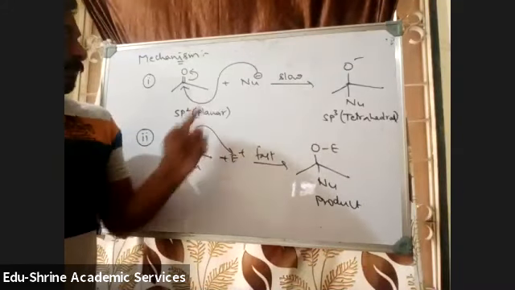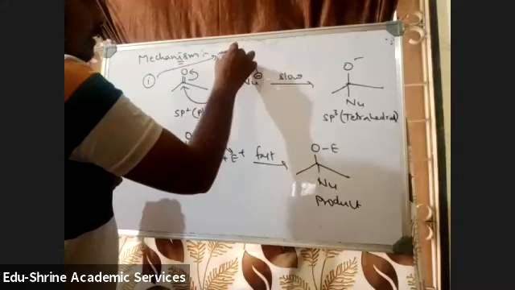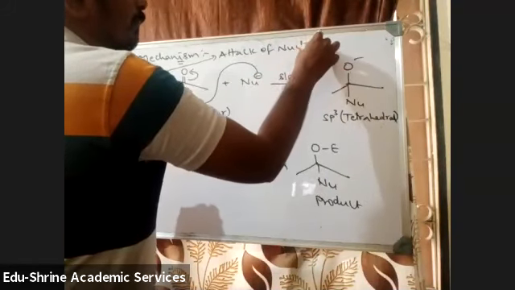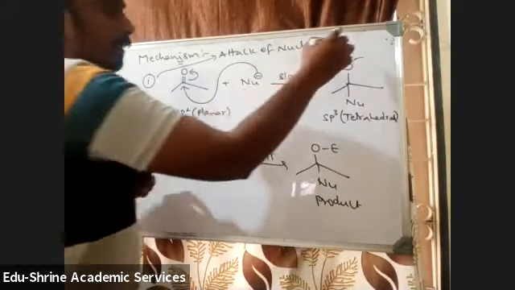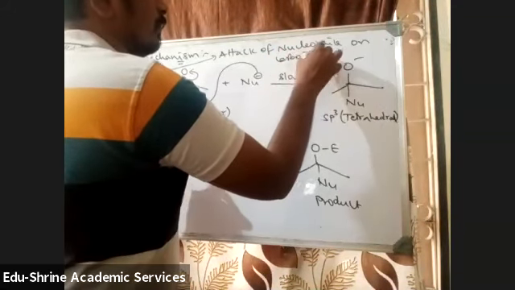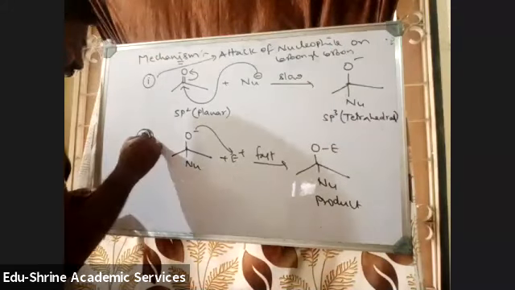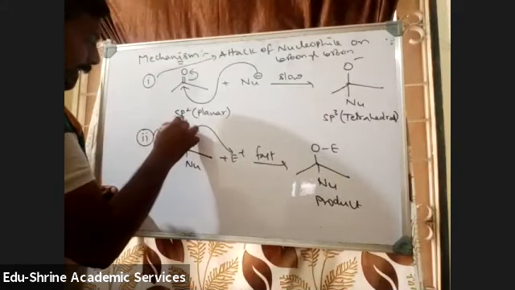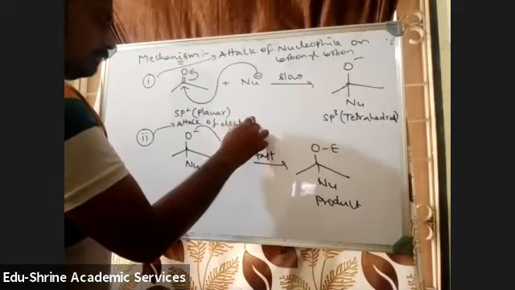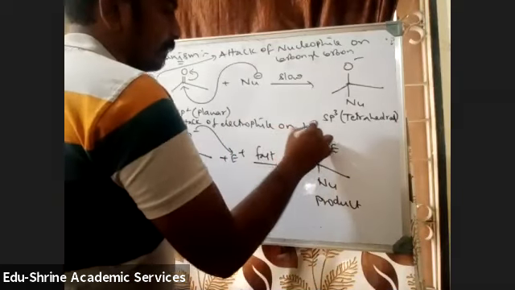The first step is the attack of the nucleophile. So you can mention here, students: in the first step, attack of nucleophile on carbonyl carbon. In the second step, you can write attack of electrophile on tetrahedral intermediate.